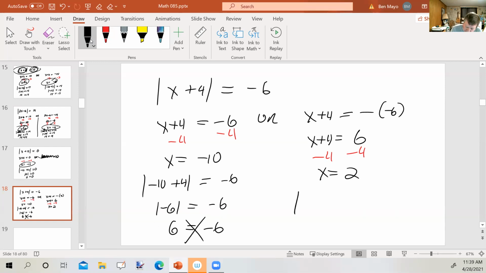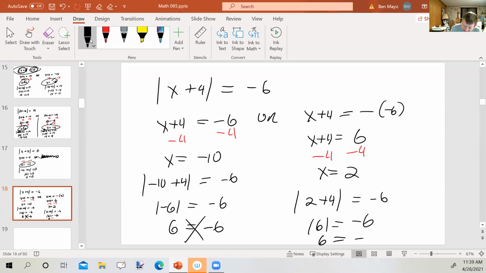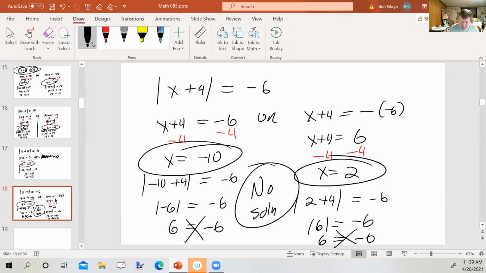If x is 2, we get the absolute value of 2 plus 4 equals -6. 2 plus 4 is 6. The absolute value of 6 equals -6. Oh, but the absolute value of 6 is 6. 6 doesn't equal -6. So there's no solution, okay? These two potential solutions, they don't work.